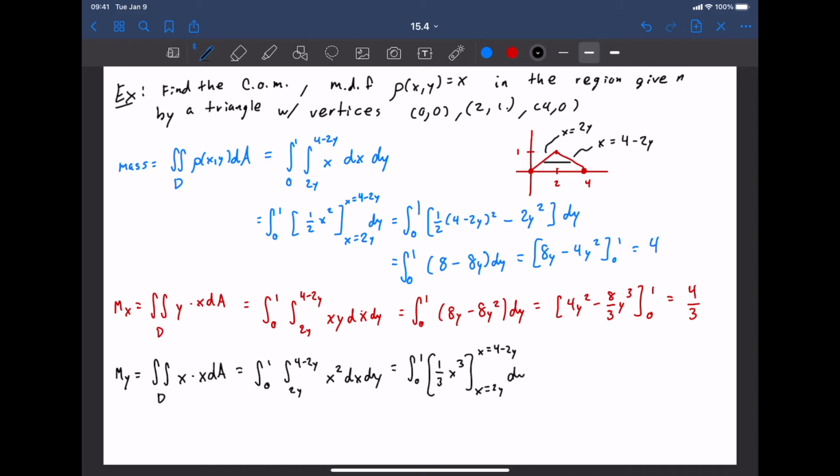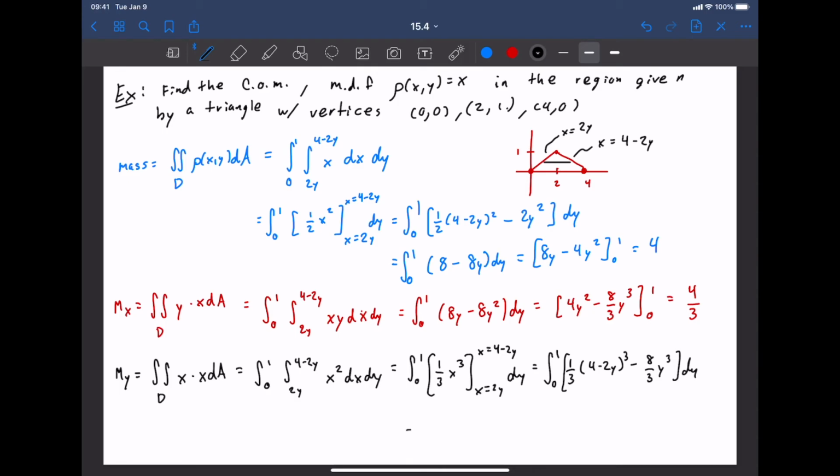So very similar to what we just did back in the math step, but that extra cube means it's probably easier to use a reverse chain rule or u substitution than it was in the blue mass integral.